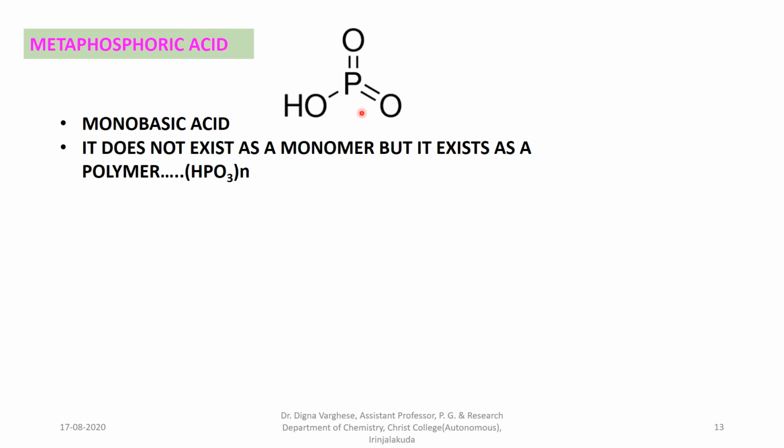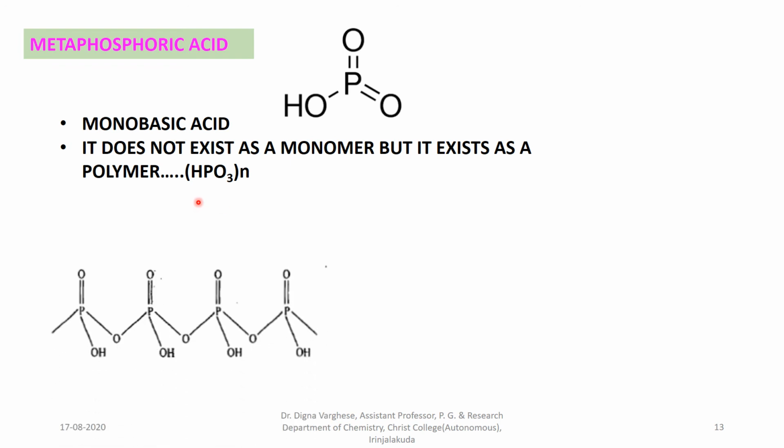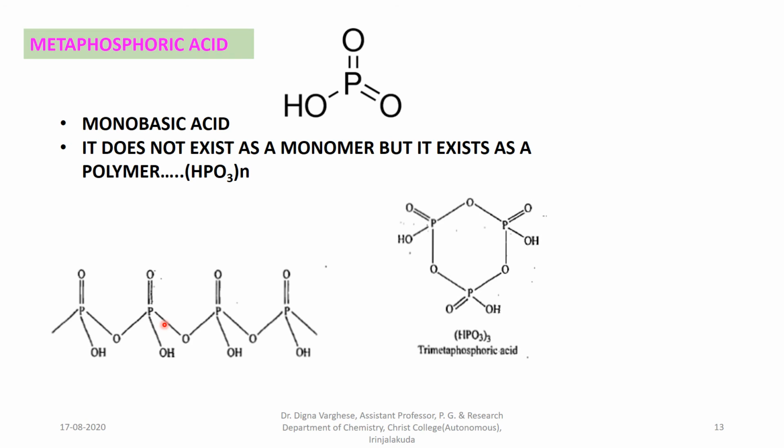It exists only in monomeric form when it is HPO3, but it does not exist as a monomer for a longer time. It exists as a polymer, that is (HPO3)n. Here is a linear form of metaphosphoric acid, which exists in a polymeric form, (HPO3)n, and it can also exist in a cyclic form, that is cyclic oxoacid and a polymeric oxoacid.